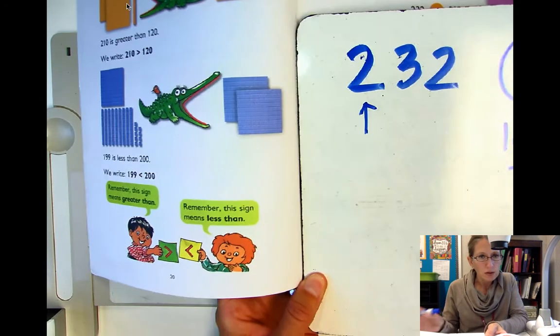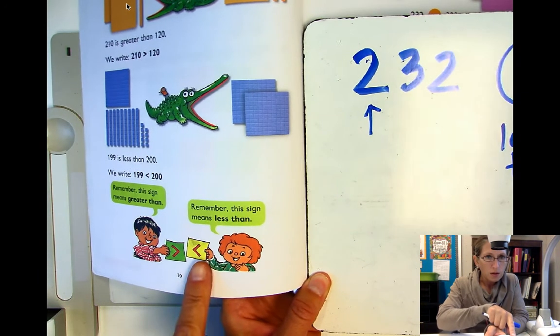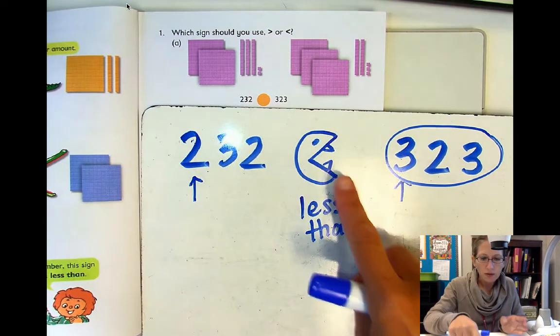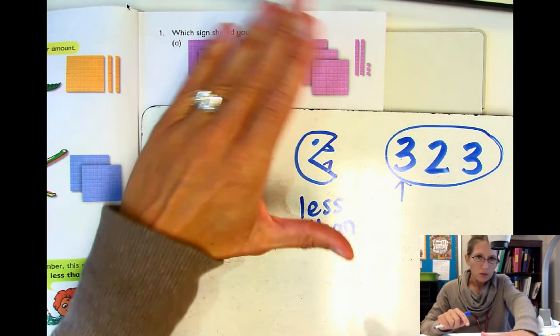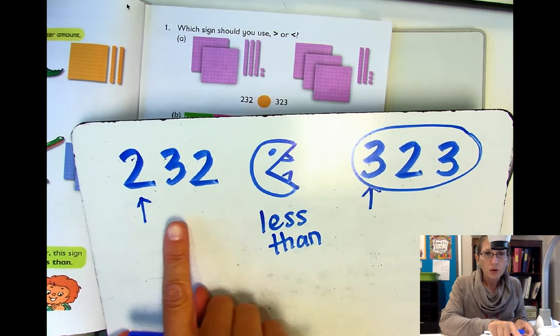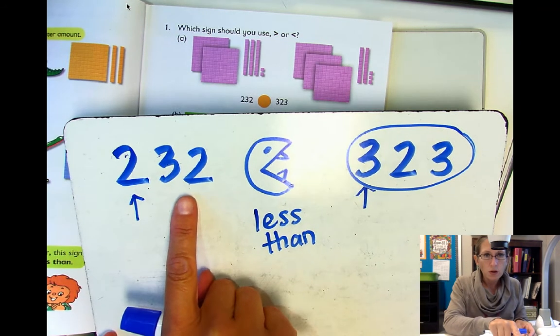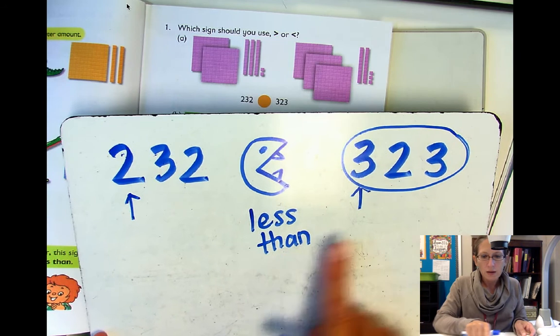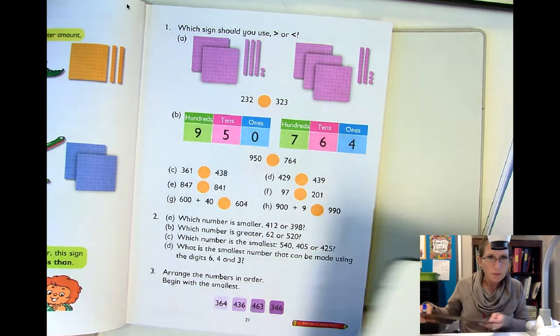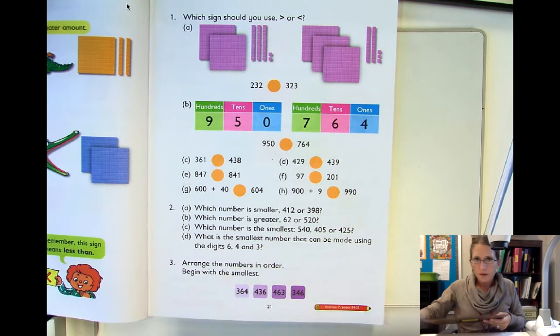Let's check what the little lady said over here. Yep, there's our less than symbol. And it's going to the left, which makes sense because we have our smaller number first, and we know that 232 is less than 323.